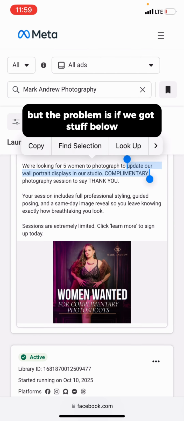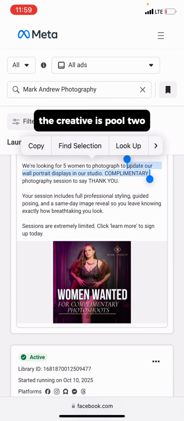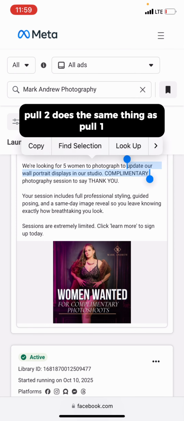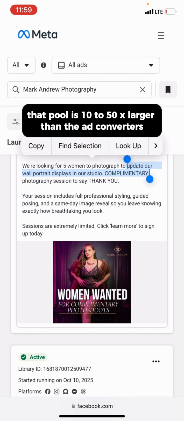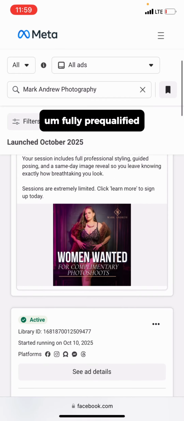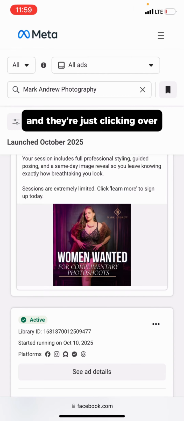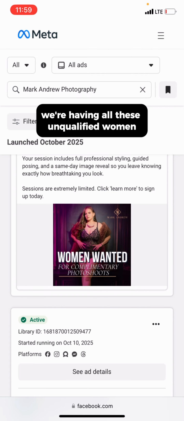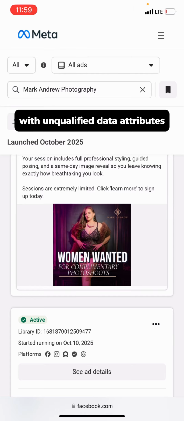But the problem, if we have stuff below the creative, is pool 2. Pool 2 does the same thing as pool 1, but for all the ad clickers, and normally that pool is 10 to 50x larger than the ad converters. If women are not reading and becoming fully pre-qualified, and they're just clicking over, we have all these unqualified women filling up pool 2 with unqualified data attributes that are all similar to each other.